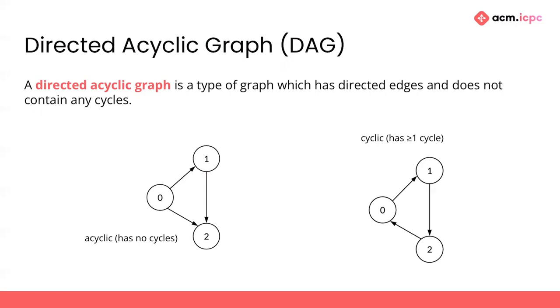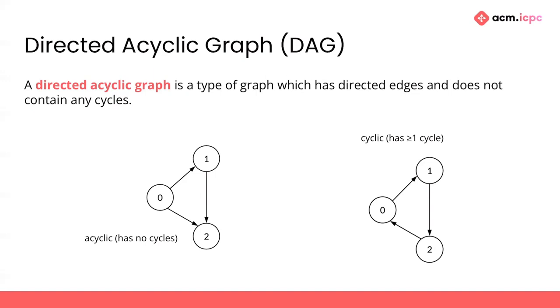On the left-hand side, this is acyclic because it has no cycles, i.e. if you start from 0, you can only go to 1 or 2, but there's no way to go back to 0 itself. Whereas on the right-hand side, it's cyclic because if you start from node 0, you can go to node 1 and then node 2 and then back to itself.